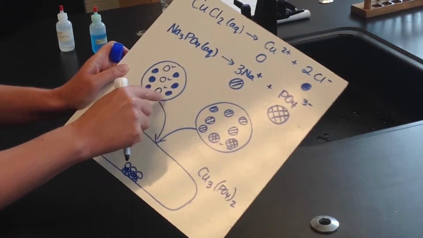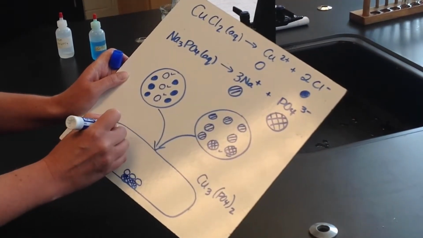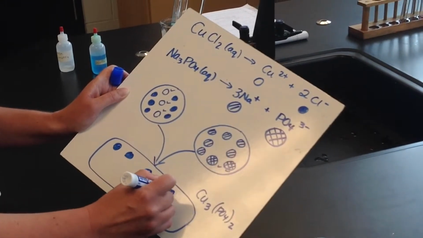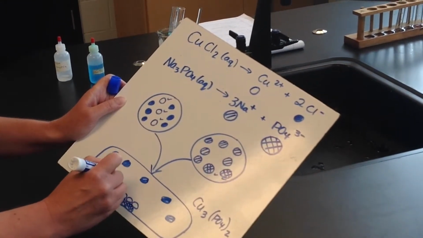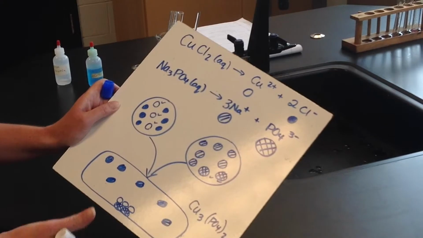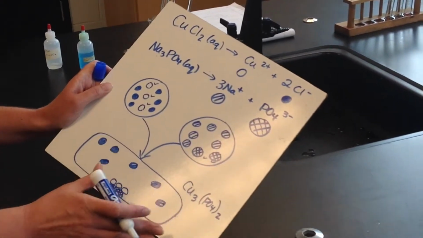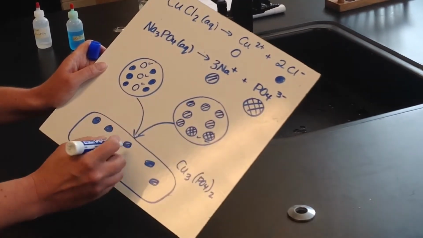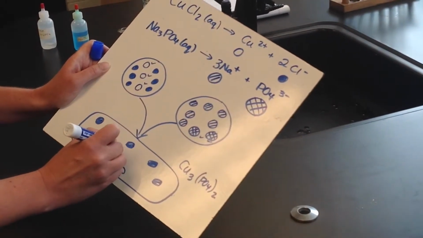We have 6 chlorides, so we show them up here. 1, 2, 3, 4, 5, 6. They're still ions. They're still soluble. So they're up here in the solution, kind of floating around. And then we have 1, 2, 3, 4, 5, 6 Na pluses, right?